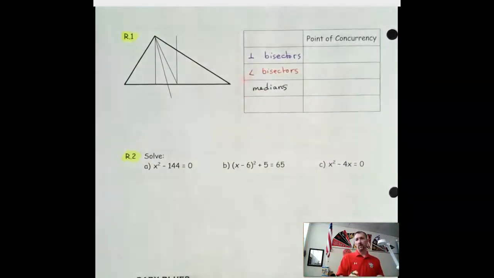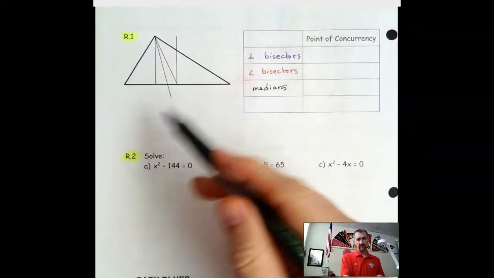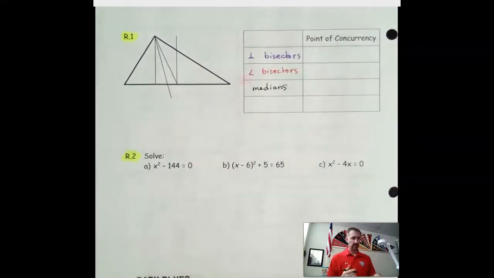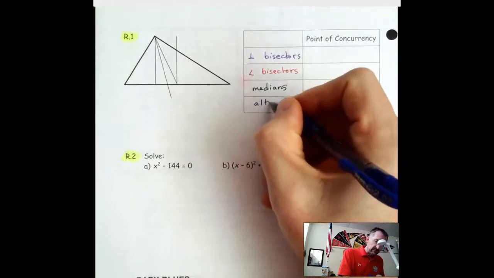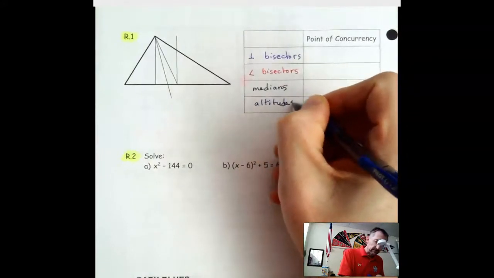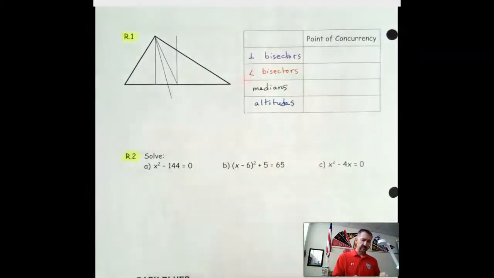So it would have been good for you to pause this, and hopefully you have all this memorized. So pause it and try to fill it out, draw them on the picture, and then come back. Okay, and the last one was altitudes.